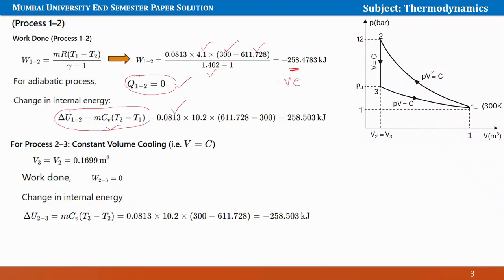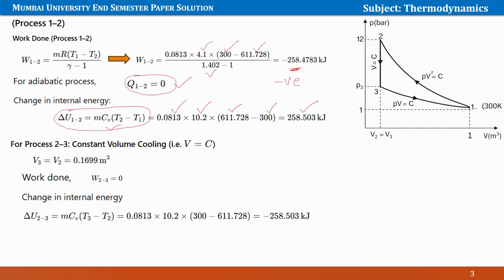Mass is 0.0813. Cv is given to us. T2 we have calculated in the previous slide. This is T2 and this is T1. Put those values and you will get the change in internal energy. So this is all about the process 1 to 2.